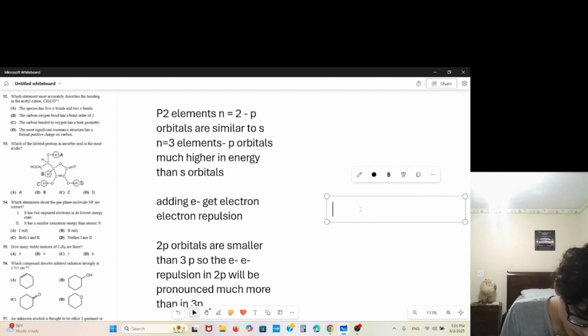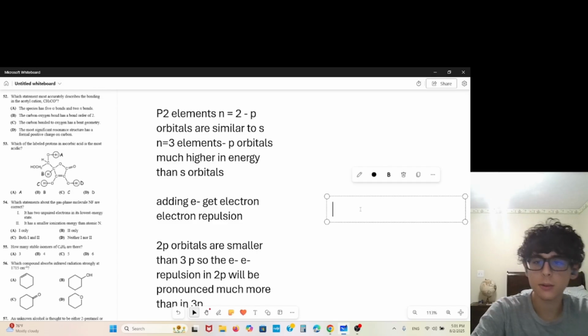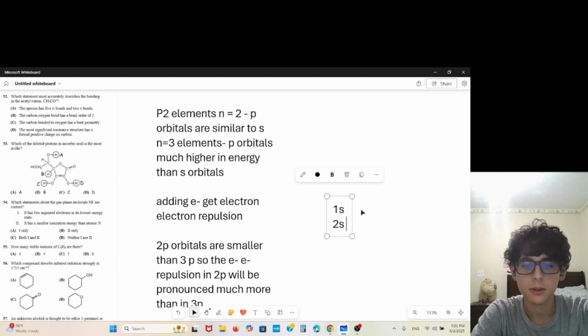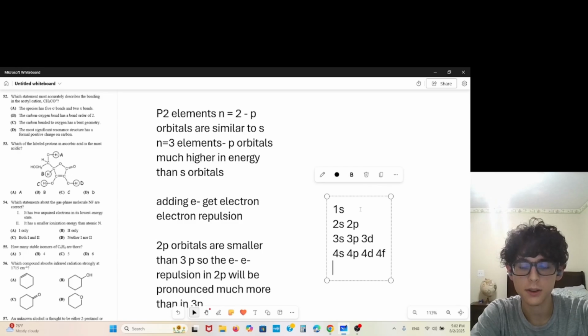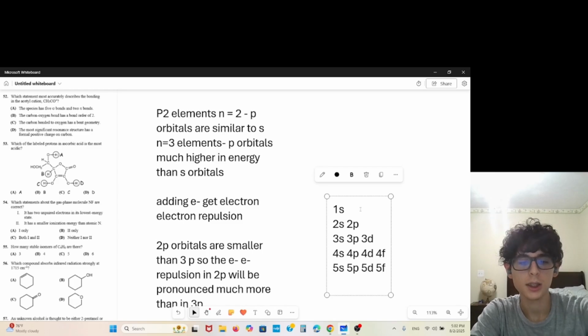Xenon is the closest noble gas. There's a way to do this. It's 1s, 2s, 2p, 3s, 3p, 3d, 4s, 4p, 4d, 4f, 5s, 5p, 5d, 5f, 6s, 6p, 6d, 6f, right?